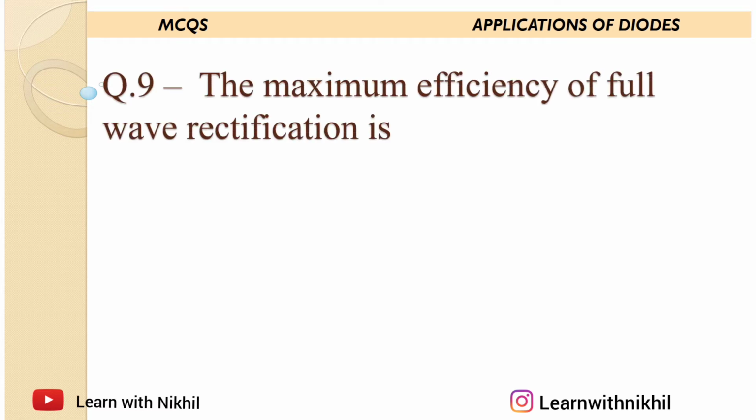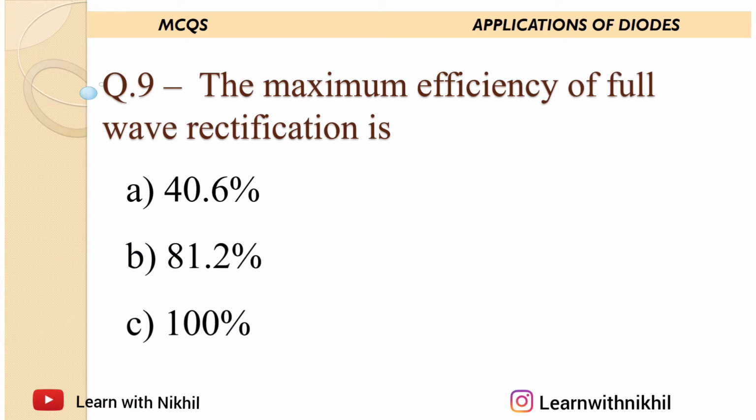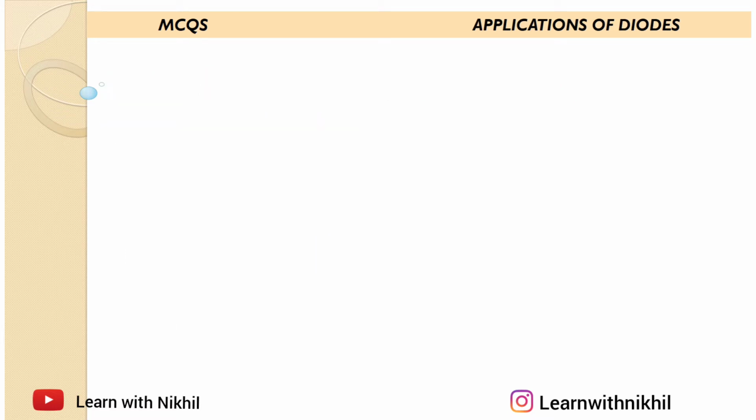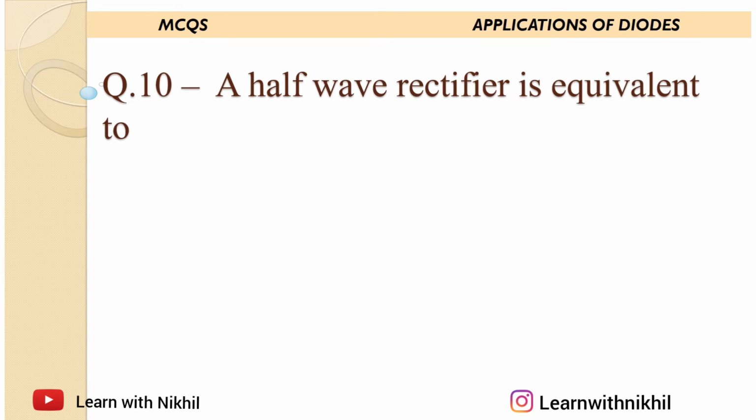The maximum efficiency of a full wave rectifier is A. 40.6%, B. 81.2%, C. 100% or D. 85.6%. And the right answer is 81.2%.